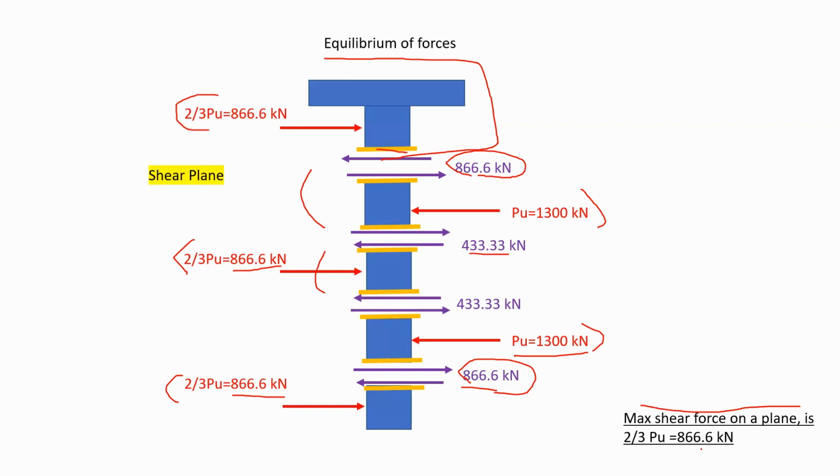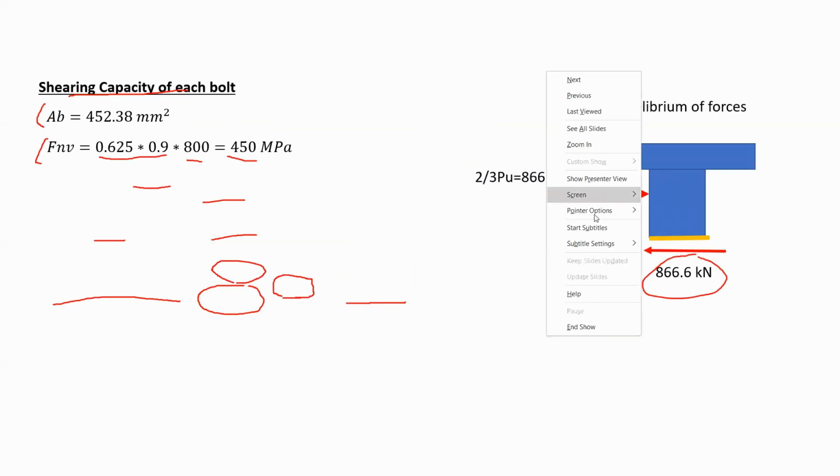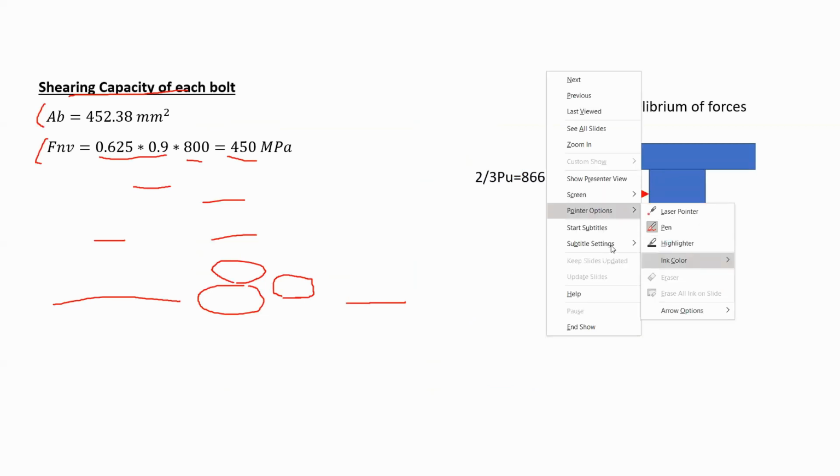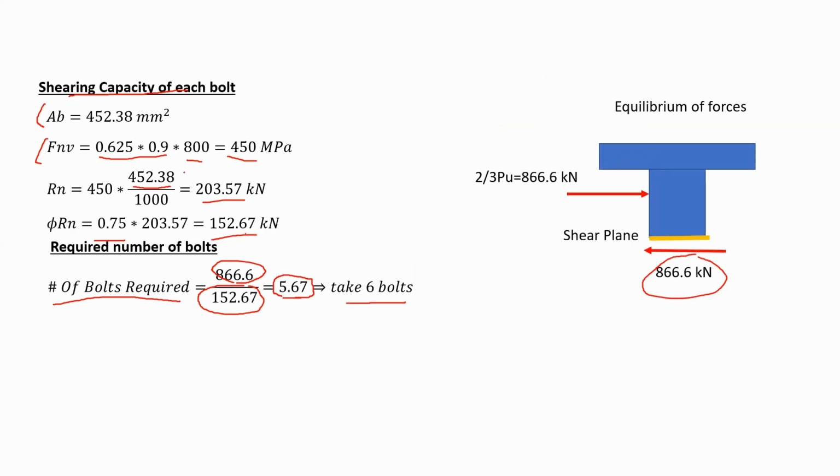Now, from this information, before proceeding, I would like to calculate, first of all, the area of one bolt, AB, which is going to be equal to 452 based on the diameter that is given, or the size of each bolt.